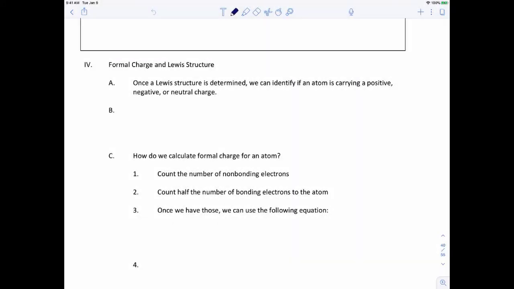So we had a potential solution to that Lewis structure, and just to remind us, it looked like this. Now we want to know, is this the true Lewis structure, or is this not a good structure? How do we know? To answer that question, we have to take a look at something called formal charge.